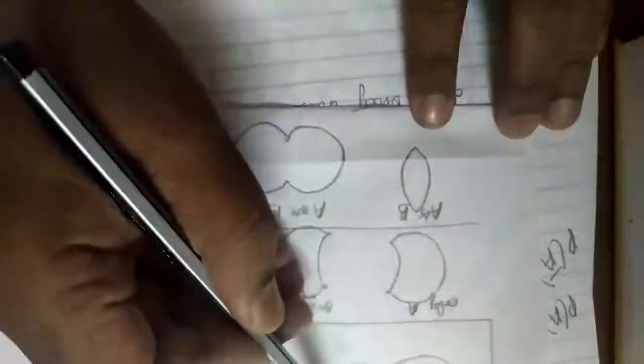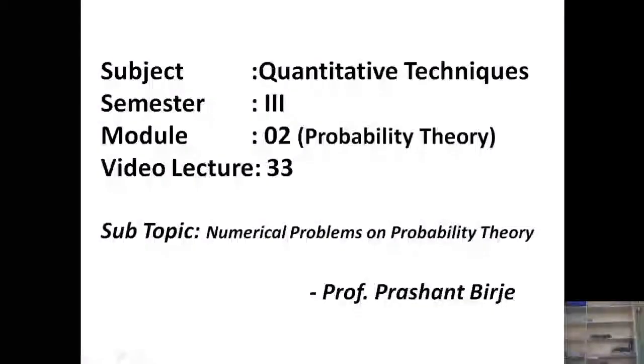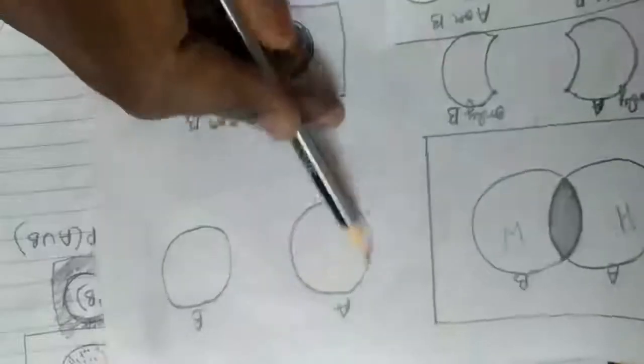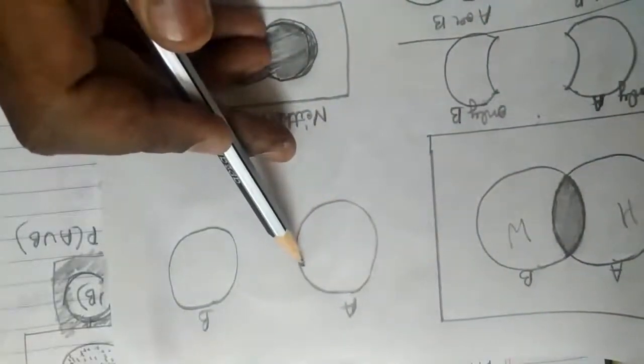See here, this is husband being selected, this is wife being selected. This entire region, that A, husband is selected, wife may be selected, may not be selected, that is a different question.